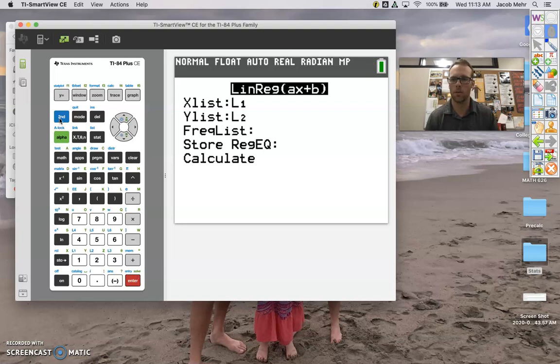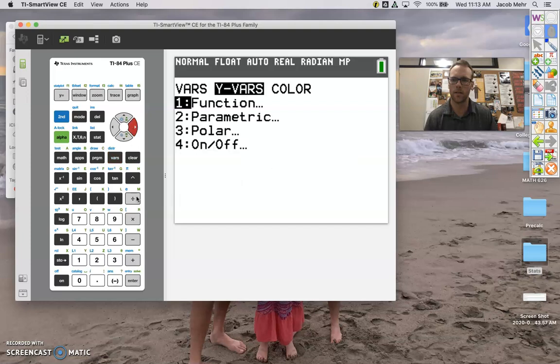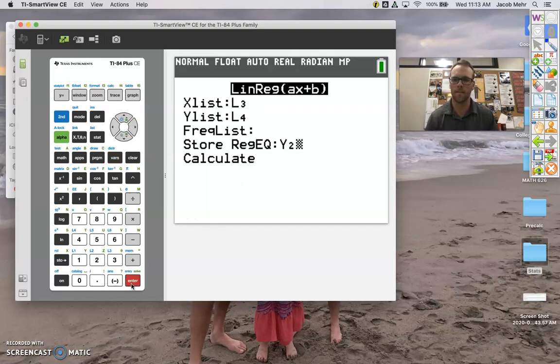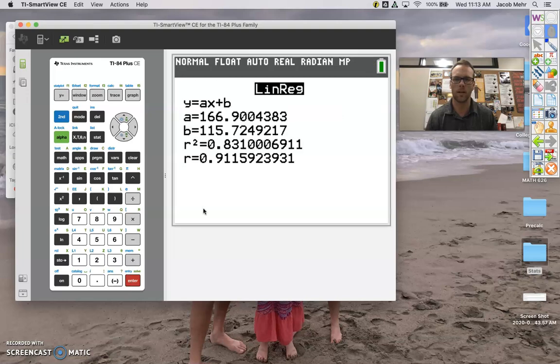This time I'm going to choose my x's to be in list 3 and my y's in list 4. I'm going to store my regression equation. I already have one in Y1 and maybe I'll want to use that again, so I'm going to put that into Y2 instead. And let's calculate.